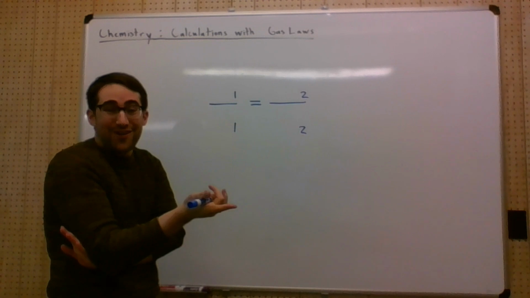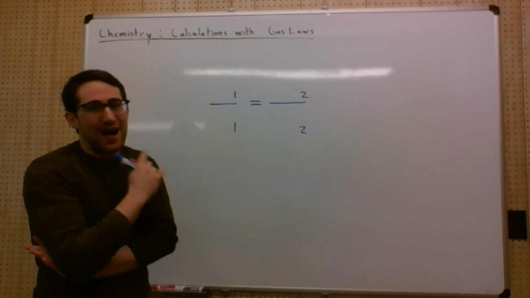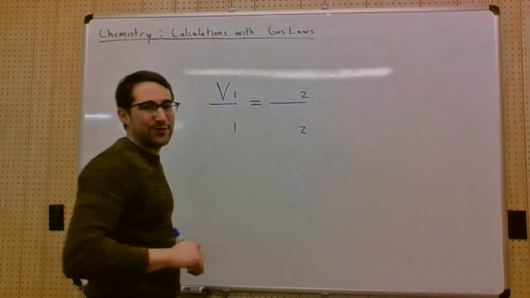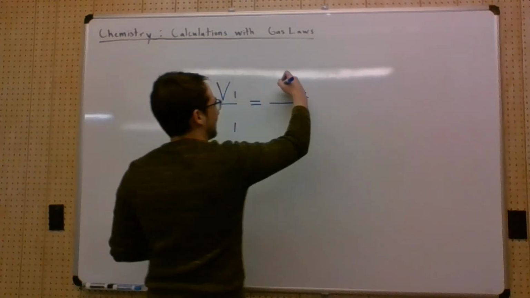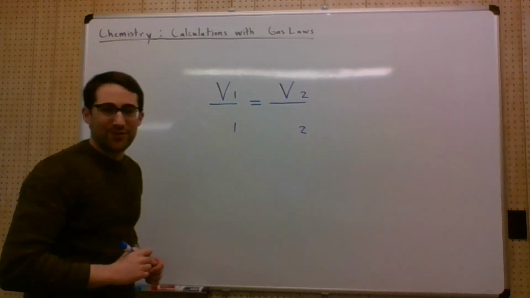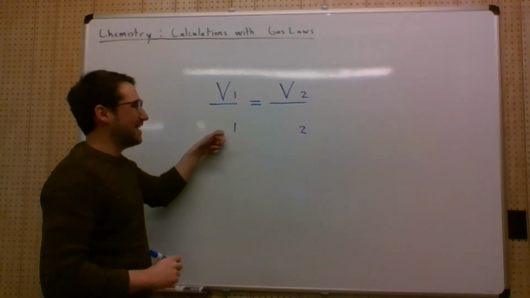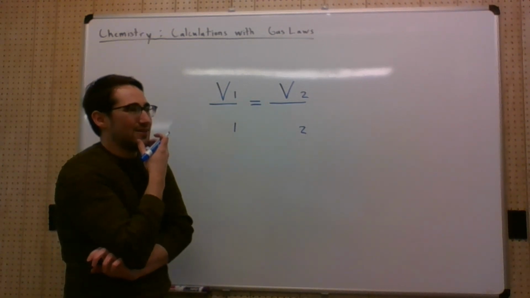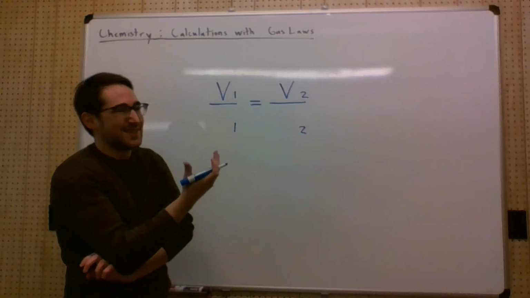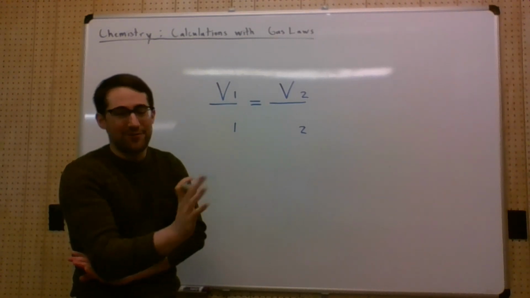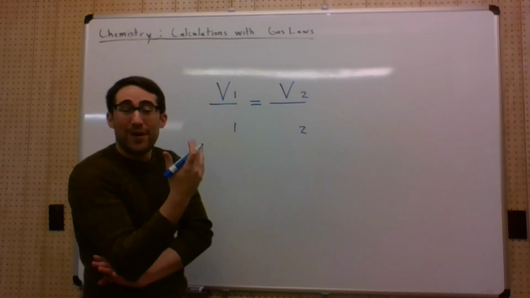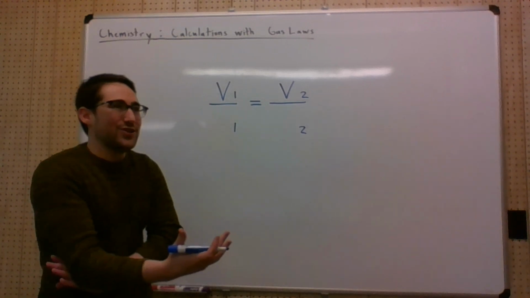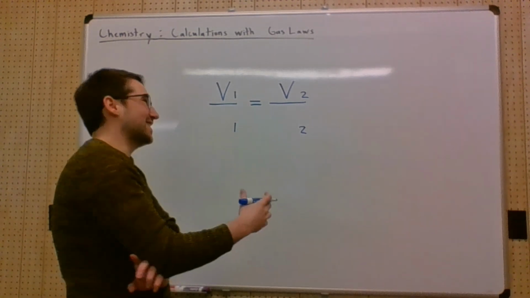So, Charles' law already has volume in it, and it's up on the top. So maybe we'll just put it there. So V1 over something 1 equals V2 over something 2. Okay, so I need some variable to represent the amount here. Well, we could use A, but I'm not feeling A. Well, we're talking about the amount of moles, so maybe we could do M for moles, but usually we use M for mass, so we probably don't want to do that either.